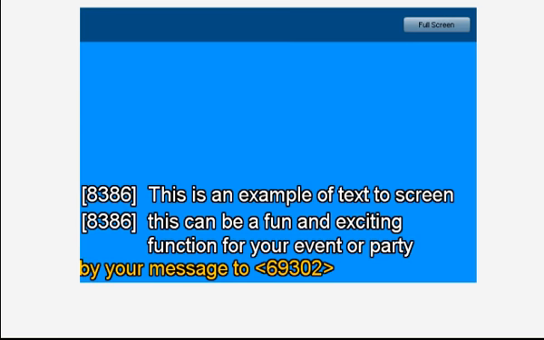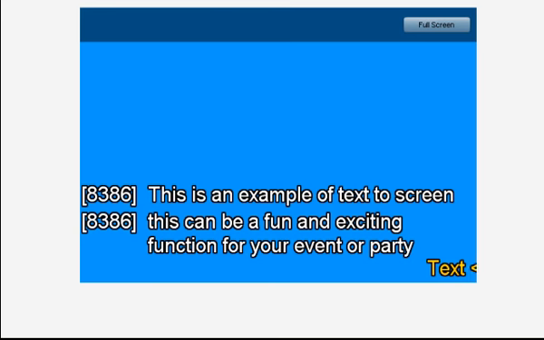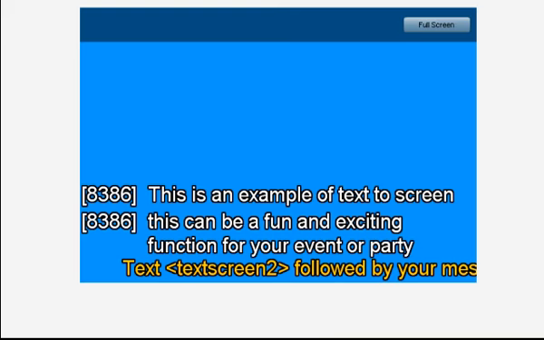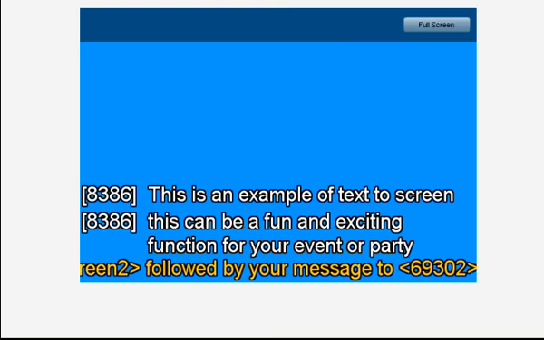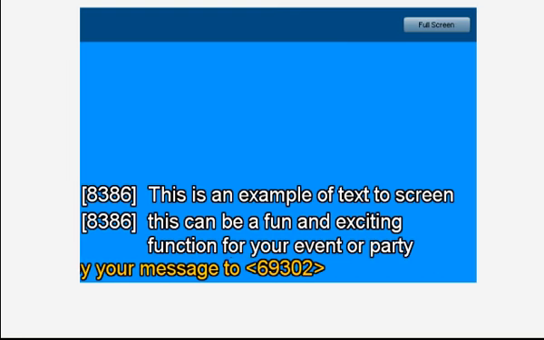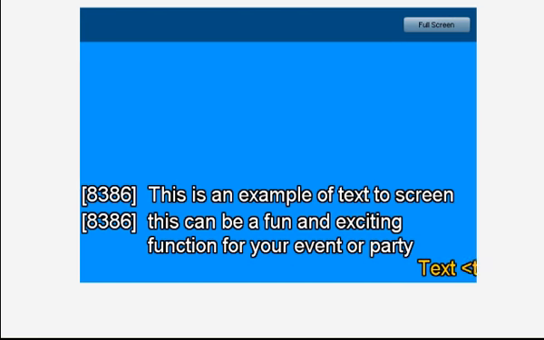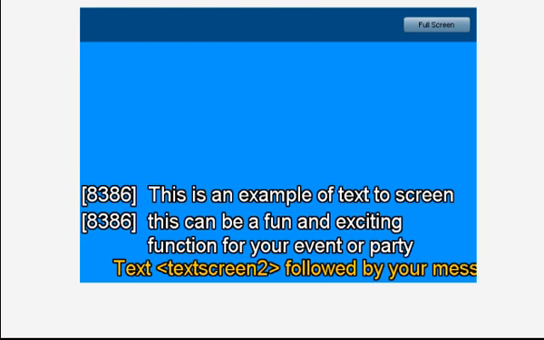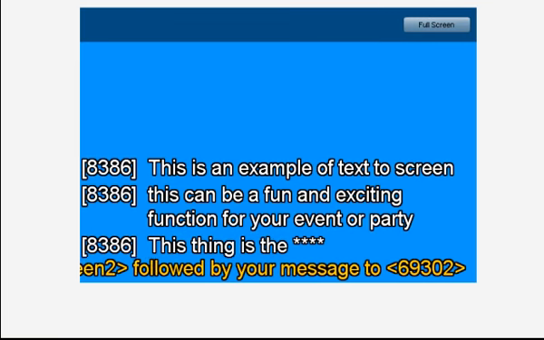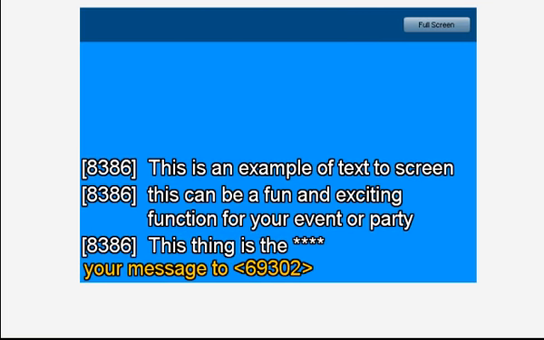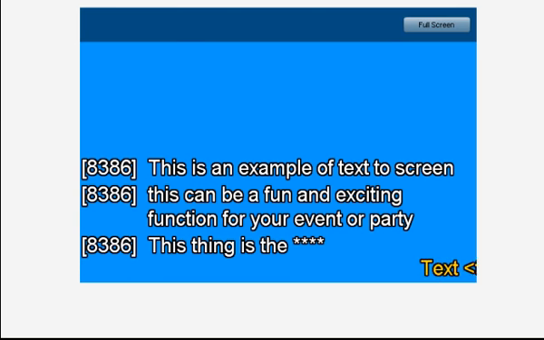You got to type in the keyword text screen 2, and then we're going to type 'this thing is the shit', which, you know, is a little slang for this thing is the best. So let's hit enter. We'll wait a couple of seconds, wait for it to come up, and you can see it got starred out. So any words that you don't want to come up, it will be starred out.